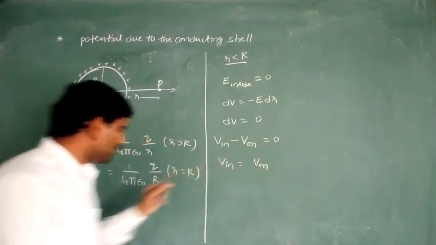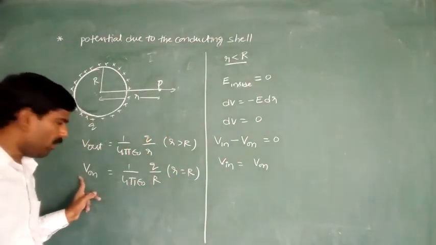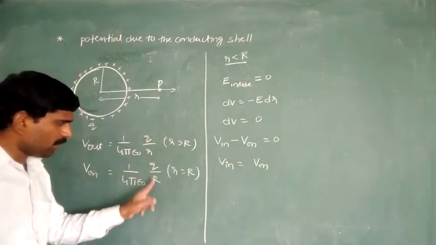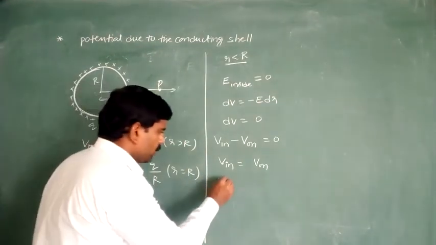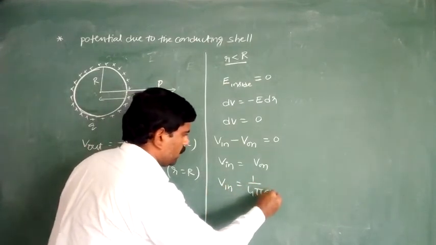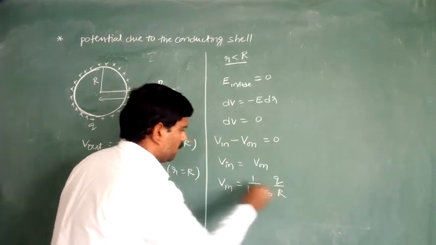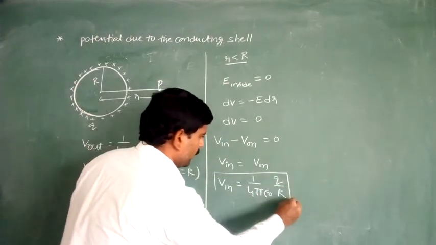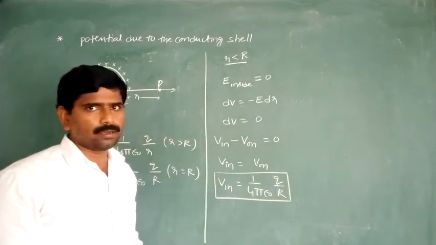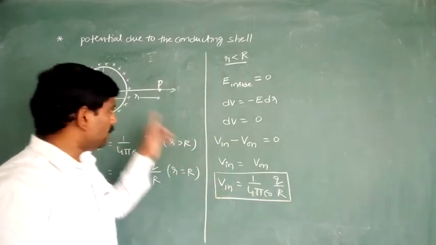What is V on surface? Electric potential on the surface of the shell is equal to 1 by 4 pi epsilon naught into q by R. Therefore, V inside is equal to 1 by 4 pi epsilon naught into q by capital R. This is the electric potential inside of the shell.